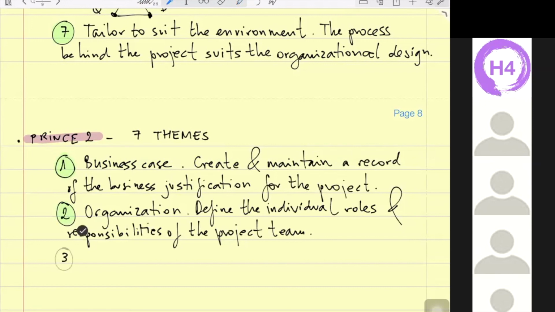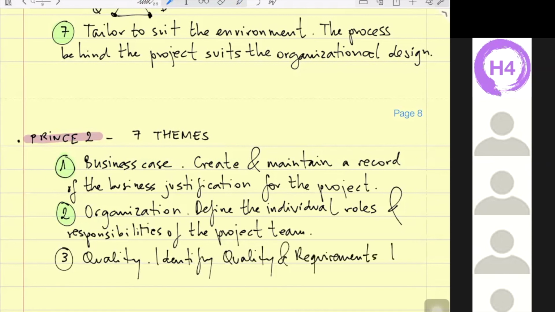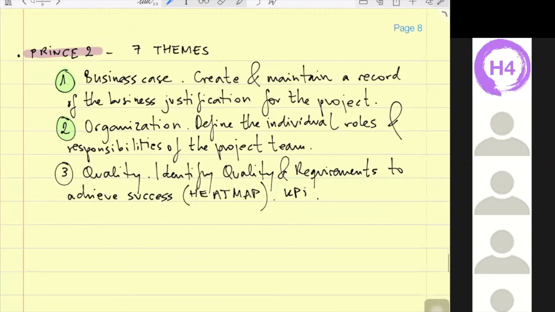Number 3, quality. Identify the quality requirements and measures and how the project will deliver them. Identify quality and requirements to achieve success. Remember the heat map from last week. We're talking business here, we're talking about KPIs. Define the KPIs.